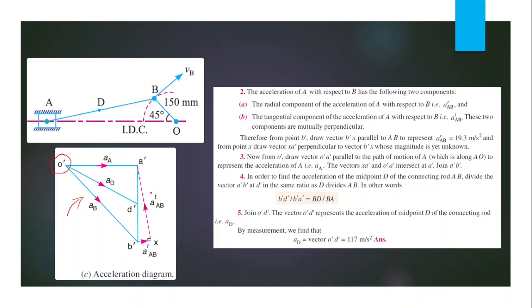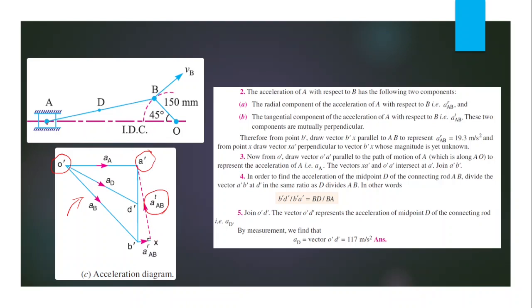But we can't find the magnitude of the tangential component, because this value is equal to alpha into R, and we can't find out alpha before we draw this acceleration diagram. Then we can draw this dotted line which is perpendicular to AB, but we can't fix this point A dash. We draw a straight dotted line in that particular direction.